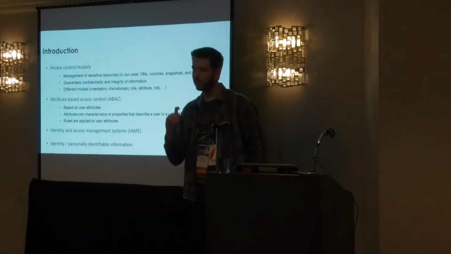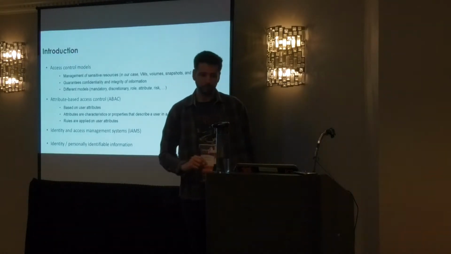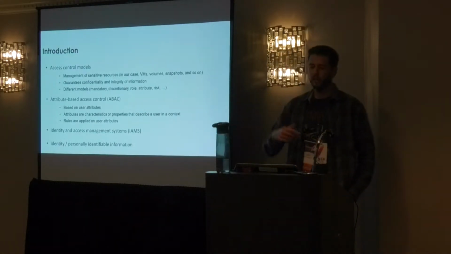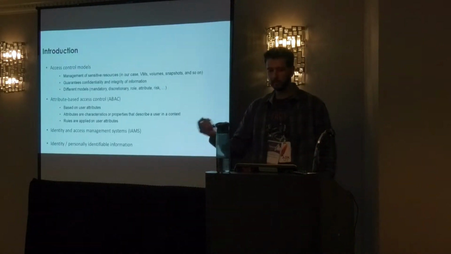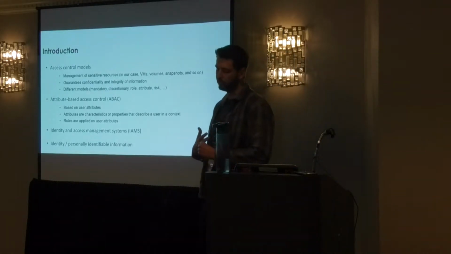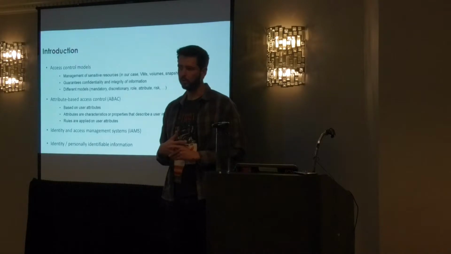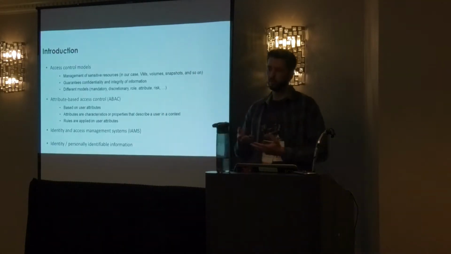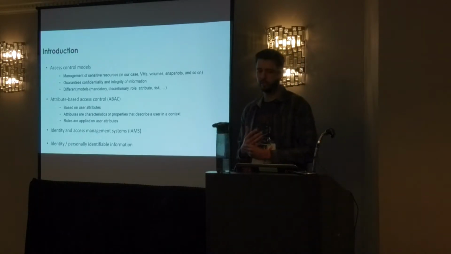So it's not RBAC, it's not the role-based access control model. The idea of the attribute-based access control model is that it uses user attributes. These attributes are information used to describe users in a given context. And basically, we then have a set of rules that are applied against these attributes to decide if the user has access or not to a resource.